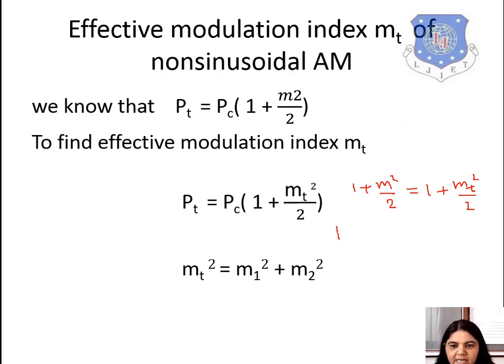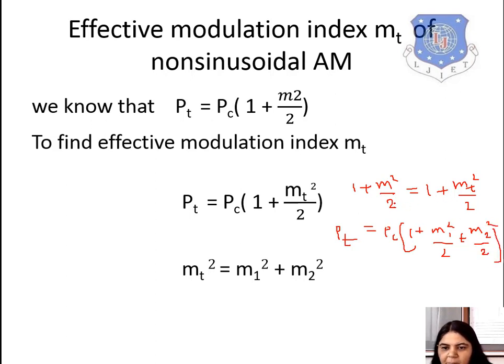Also I can write, what is my PT, the equation we have seen earlier: PC in bracket 1 plus M1 square by 2 plus M2 square by 2. So you can compare the equation with this and this. So MT square is equal to M1 square plus M2 square.